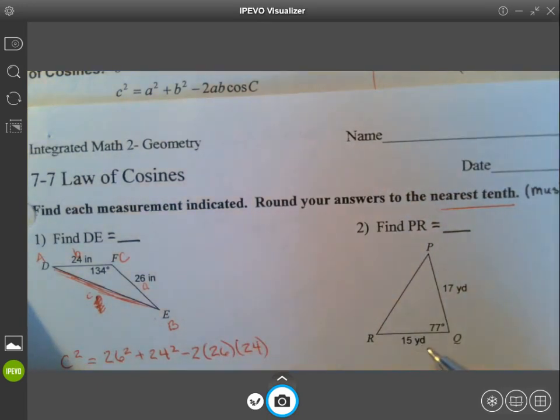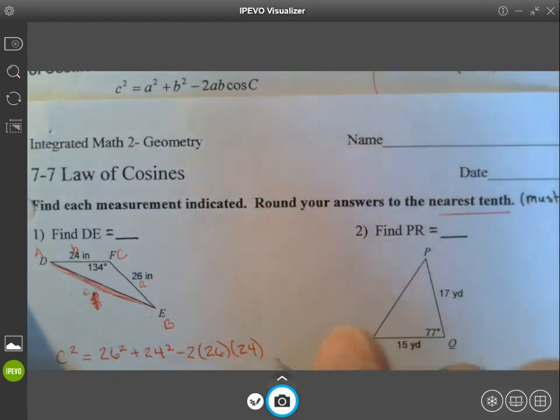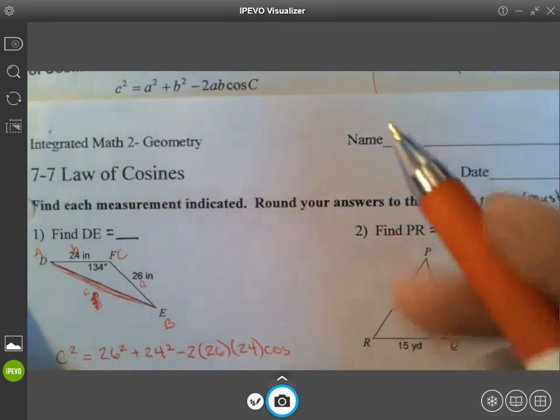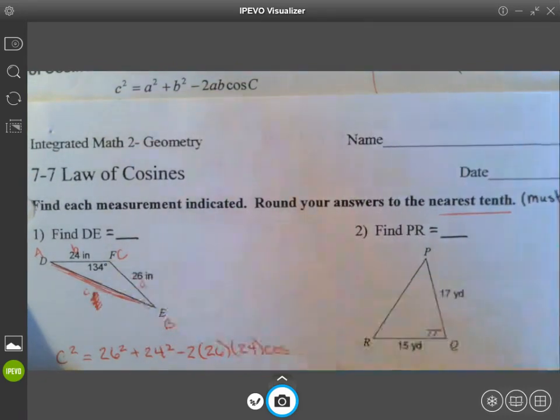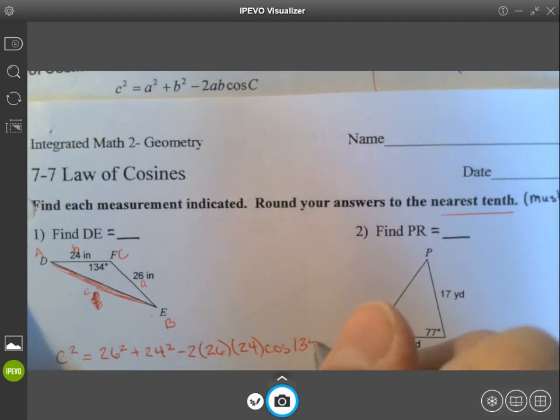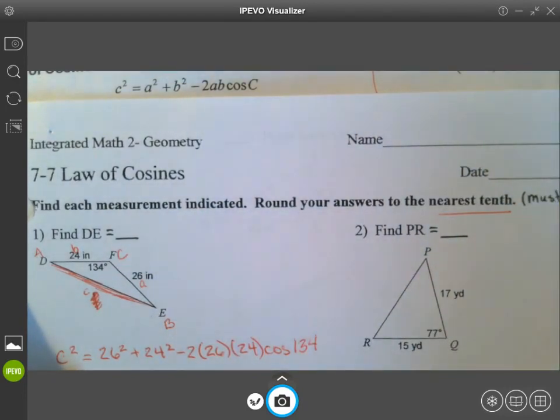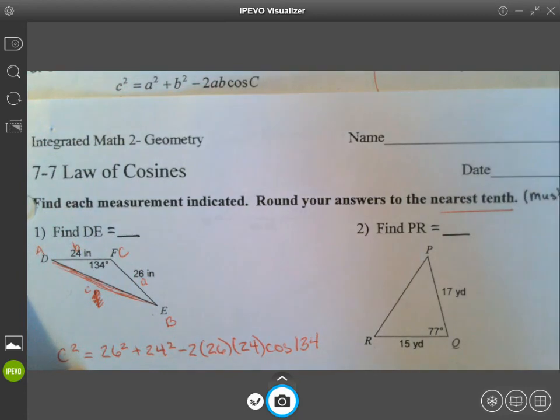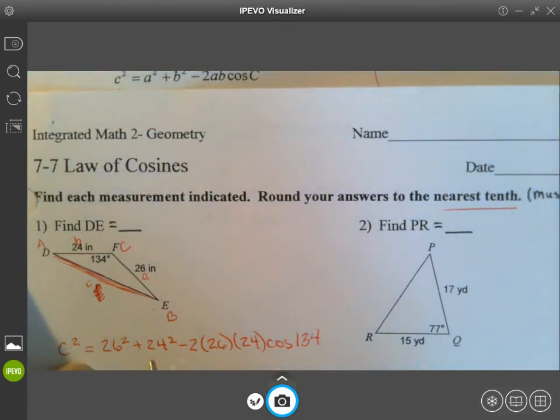And then you have to keep that cosine on there. So it's cosine of the angle that matches with that side, which is 134. You don't have to rename it, but I think for a lot of us, it'd be easier if we rename the triangles. Ladies and gentlemen, you are literally filling this in the calculator.